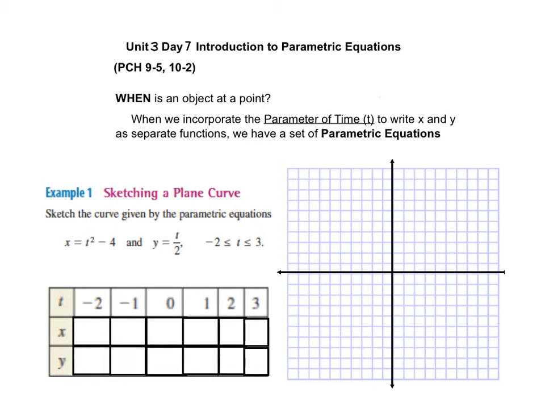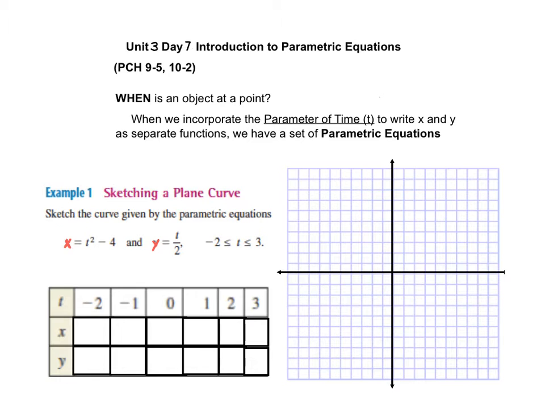But just to illustrate how we do this, here's a very simple example of a pair of parametric equations. For parametric equations, you do have to look at them in pairs. Here we have an x equation and a y equation. You might see it written as x of t and y of t because they are both functions of t.